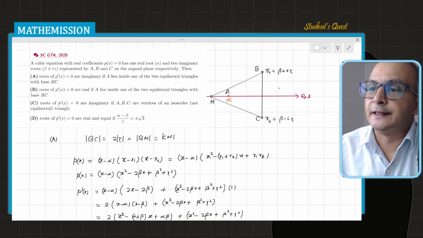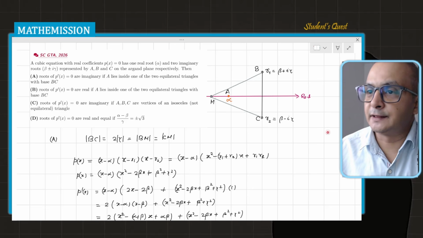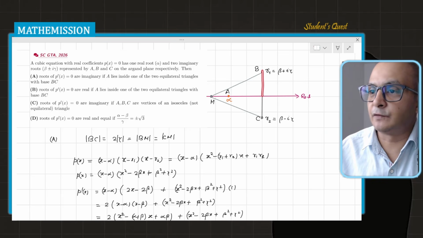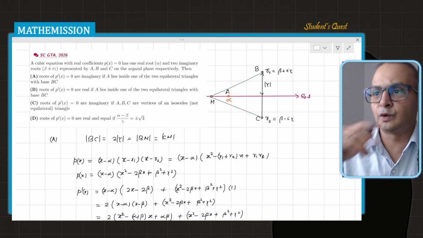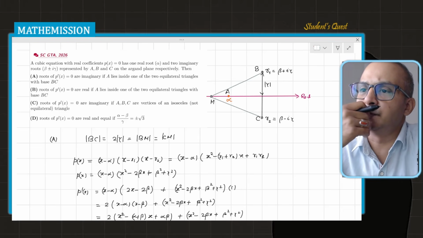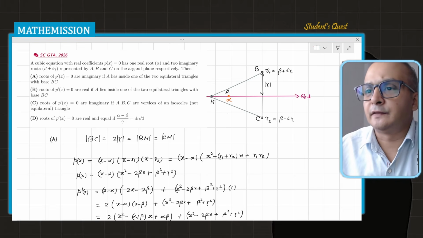Can we tell what this length is, from here to here, this half of it? The total is 2 gamma, so this will become mod gamma. I'm taking mod because I don't know the sign of gamma, and I already have 2 mod gamma. Suppose I take this as N.